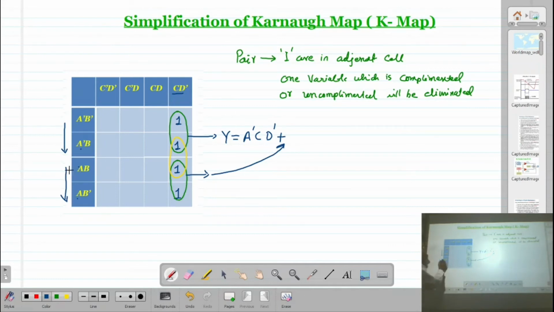But if you move from here to here, then B is going to be complemented, A is remaining as it is. So we write A plus A CD prime. Correct?